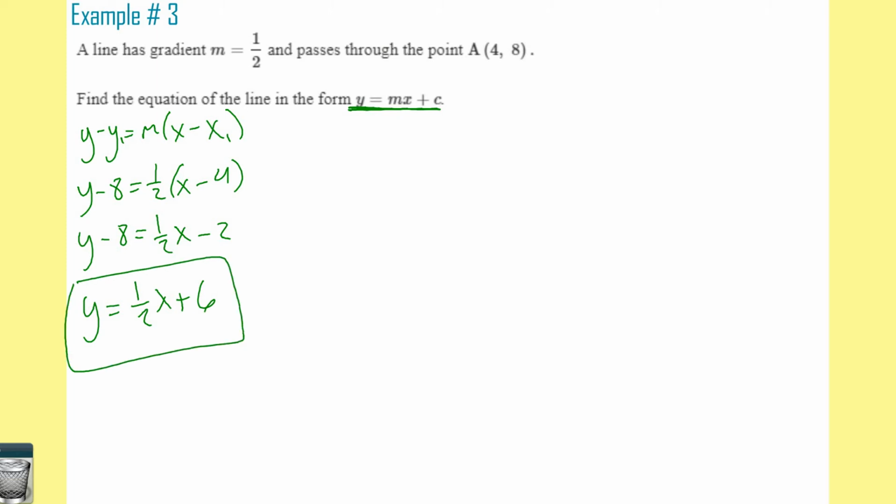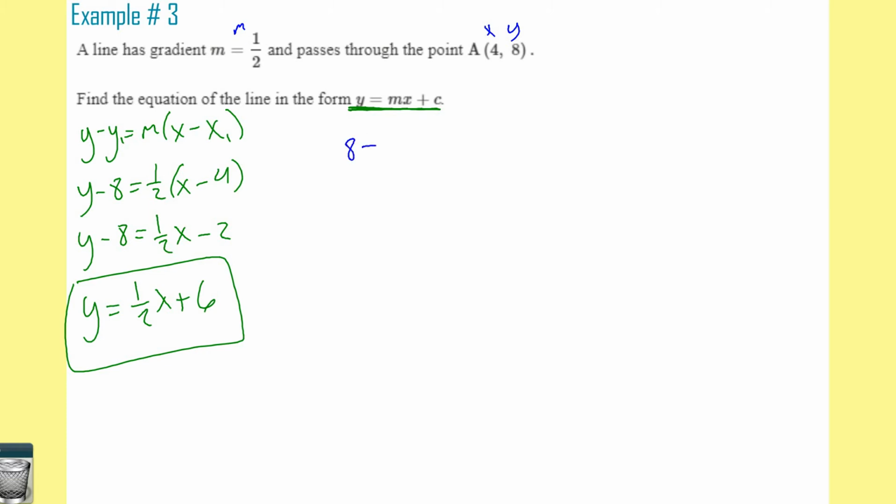Okay, of course that's not the only way. I have tutored a kid who hated point slope form and refused to use it unless she absolutely had to. So she liked it in this form: this is an x, this is a y, and this is my slope. So plug in what you have.